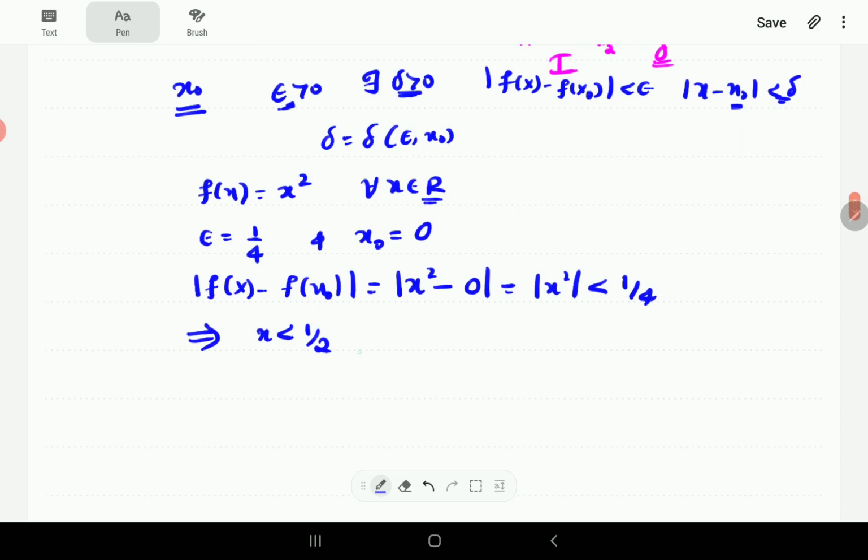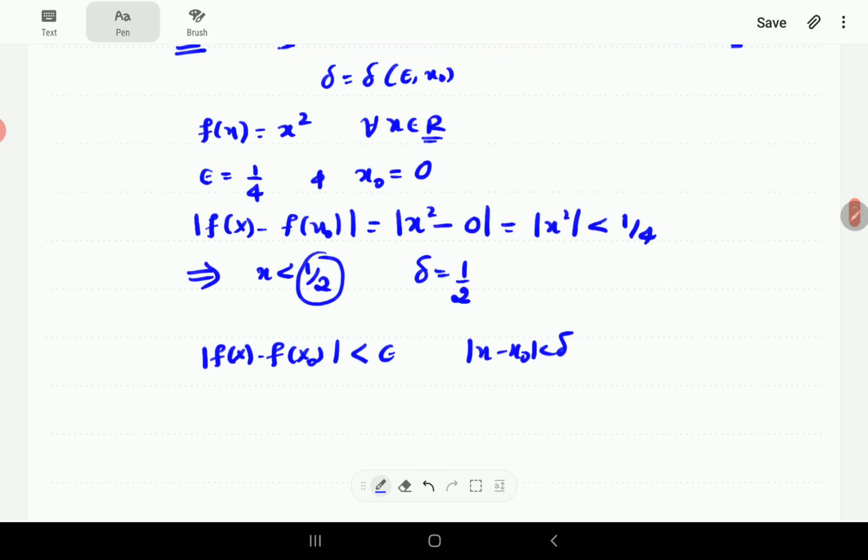So here we have to choose delta equal to 1 by 2. Since x naught is 0 here, x minus x naught is simply x, which behaves as delta. So f of x minus f of x naught is less than epsilon whenever x minus x naught is less than delta.